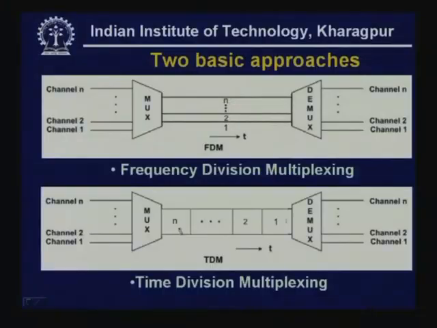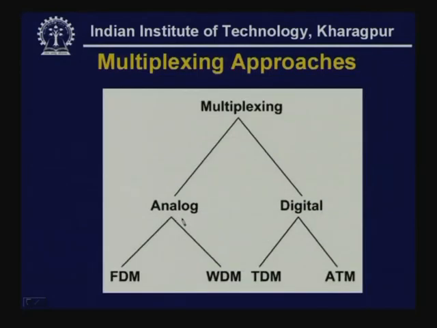For some time duration a particular signal is sent, then another signal is sent for another duration, then another signal is sent for another duration, and this way, as you can see, as it is represented here. And at the other end the demultiplexer separates out signals for channel 1, channel 2 and so on. So, these are the basic approaches.